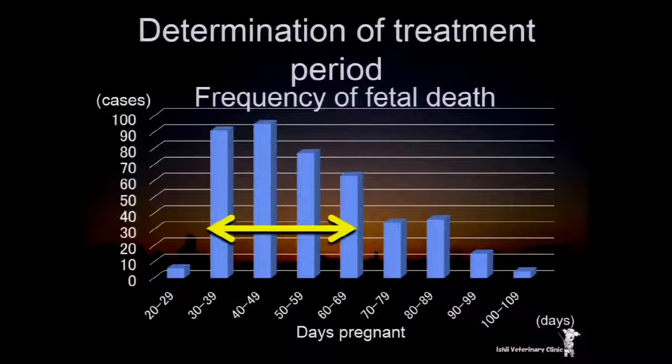When I found an abnormality in the first preg check from 28 days, I would insert SIDA immediately and remove it in the second preg check. I thought that optimal treatment would be possible without putting in extra labor cost.